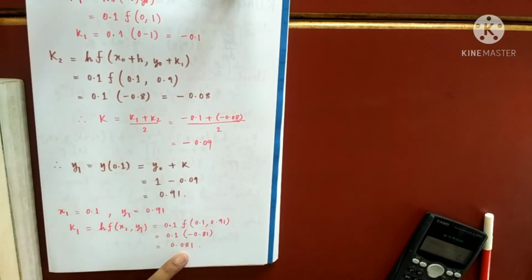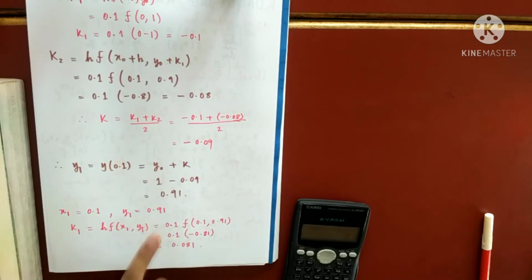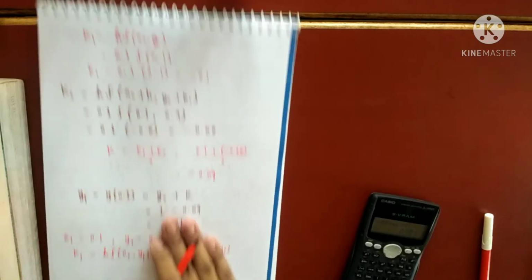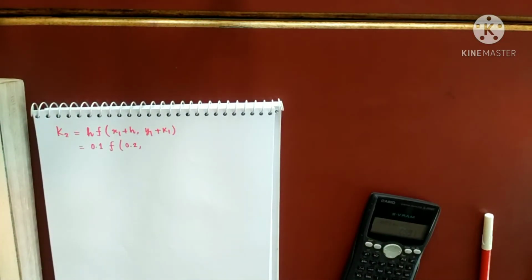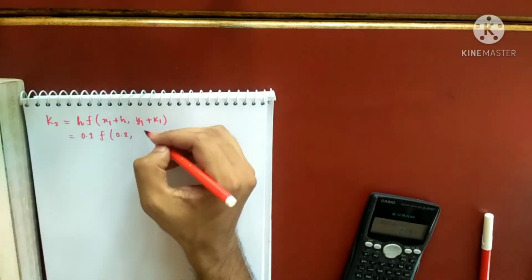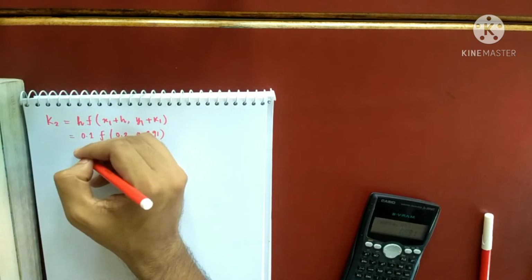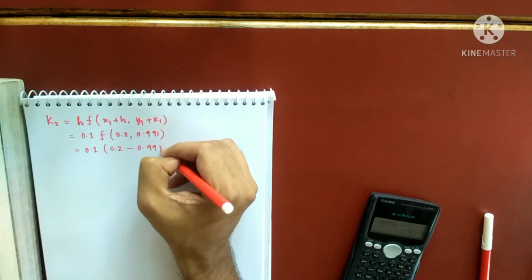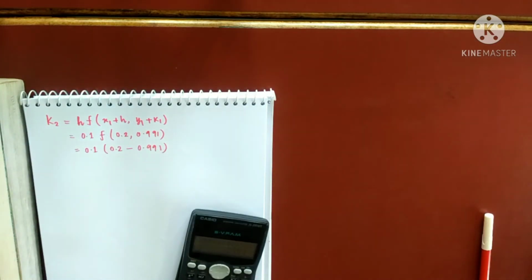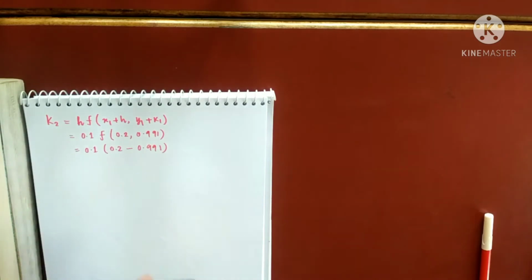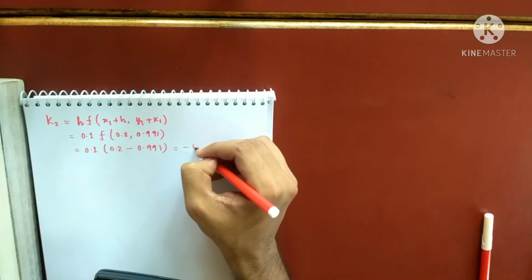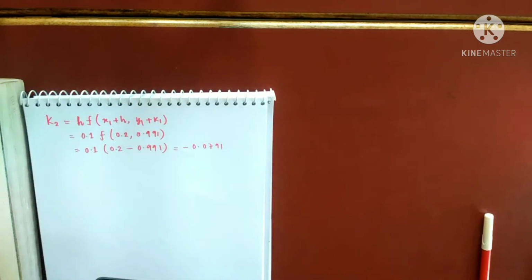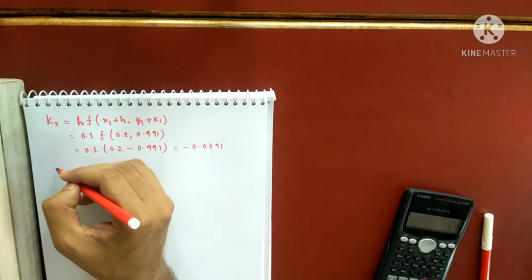We add them, y1 plus K1. So 0.081 plus 0.91, I am getting 0.991. And the function is x minus y, so minus 0.2 into 0.1, it is coming as minus 0.0791.